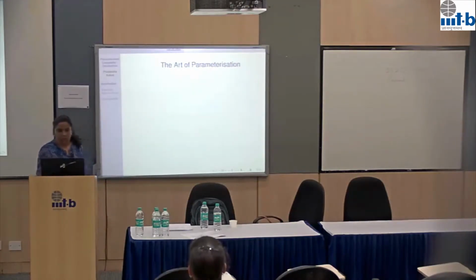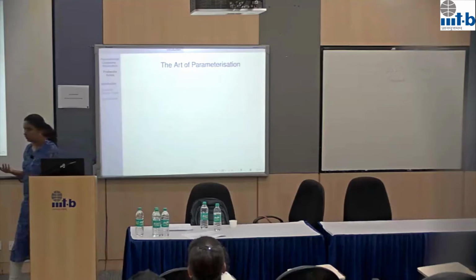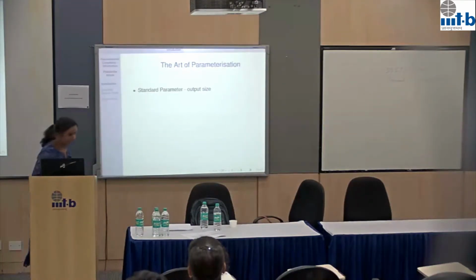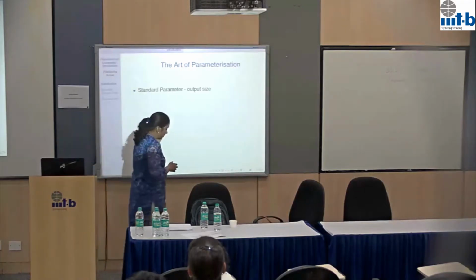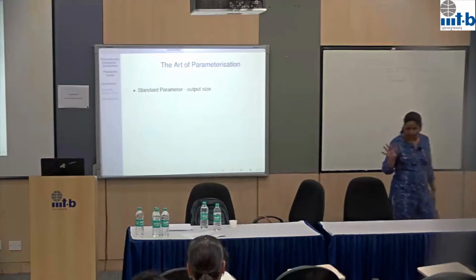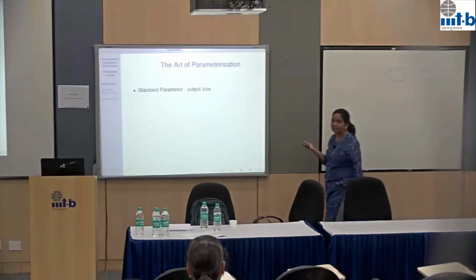Now the question is, I've said parameter. What can be a parameter for a given problem? One standard parameter, or standard parameterization, is the output size. Let's take the vertex cover problem.